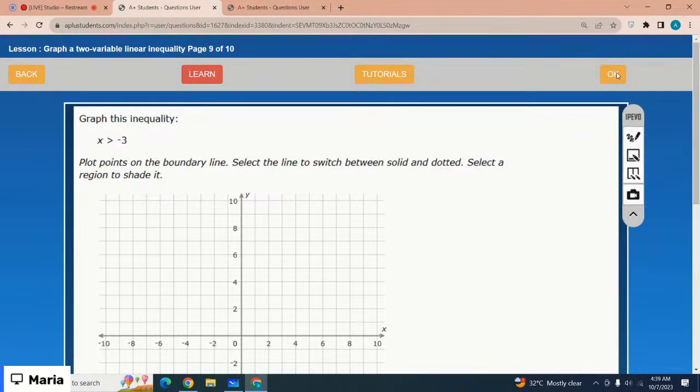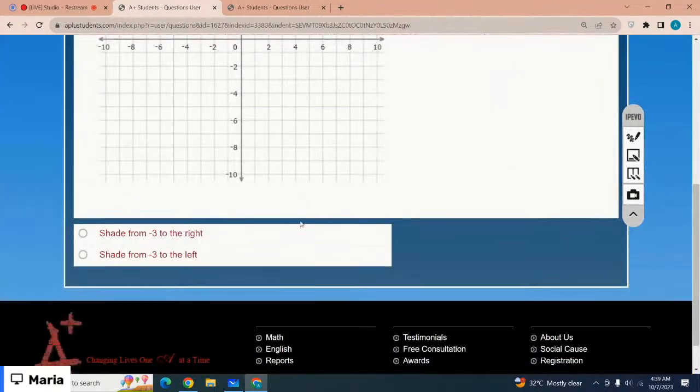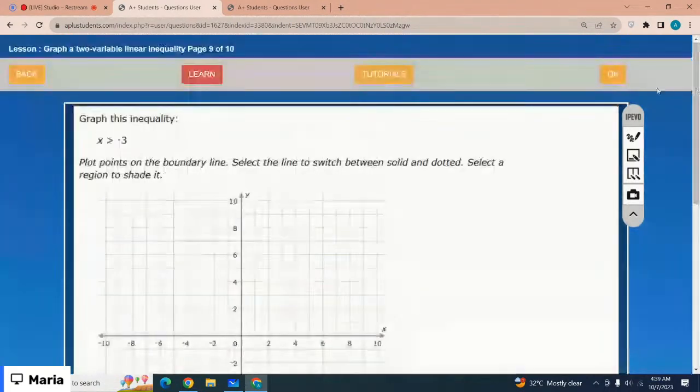Greater than negative 3 means on the right of negative 3, right? The correct option is shade from negative 3 to the right.